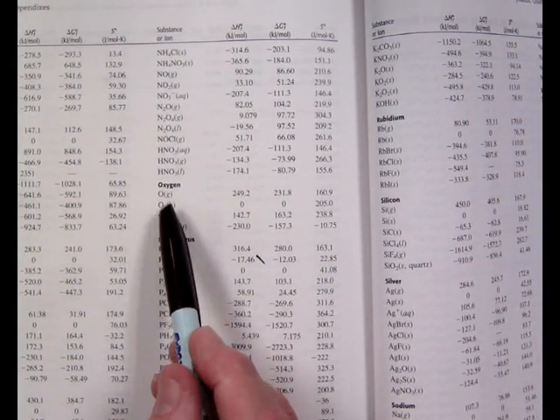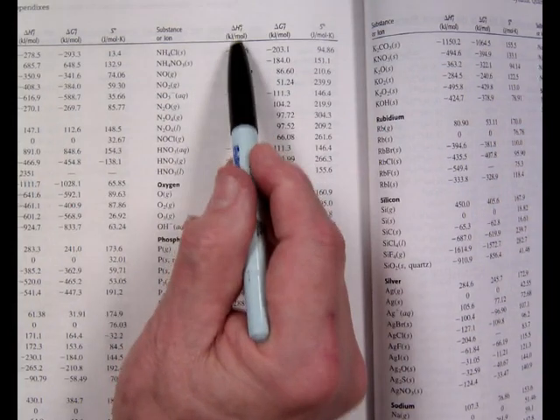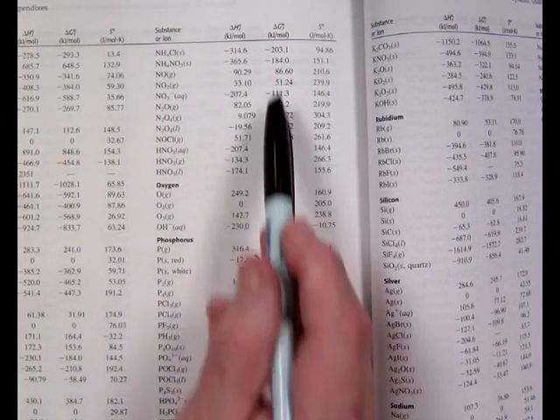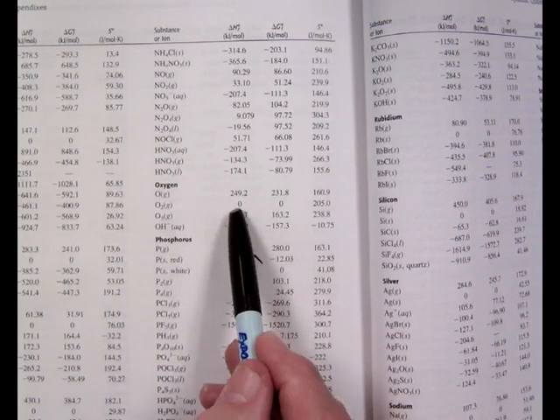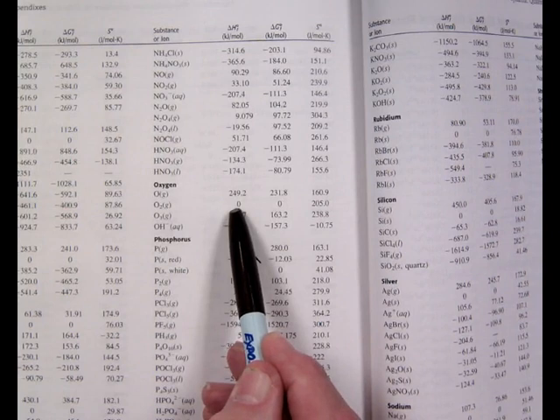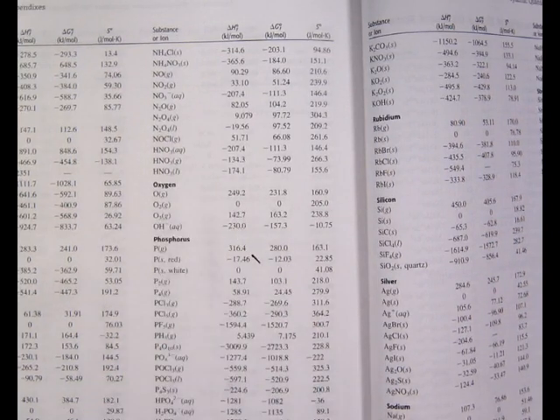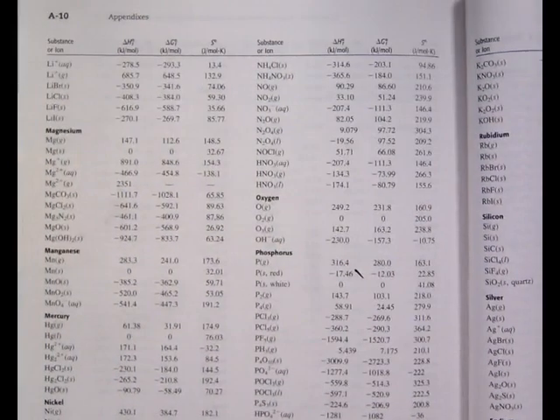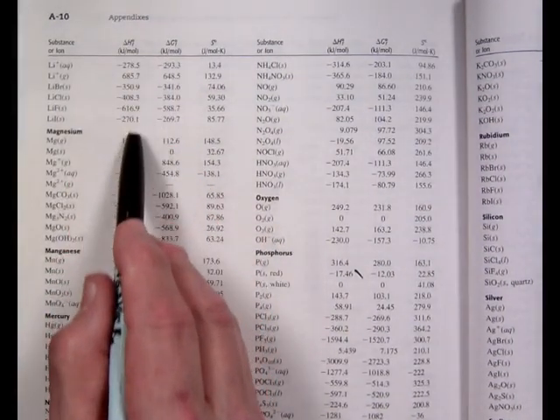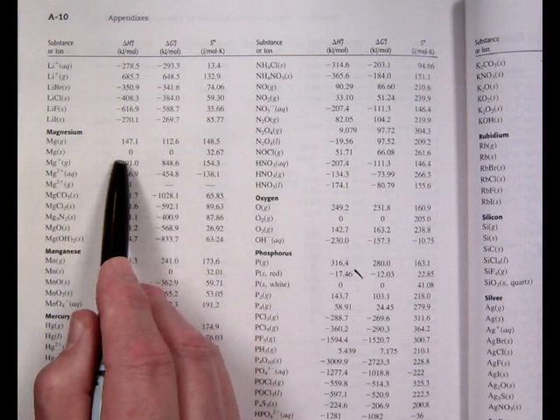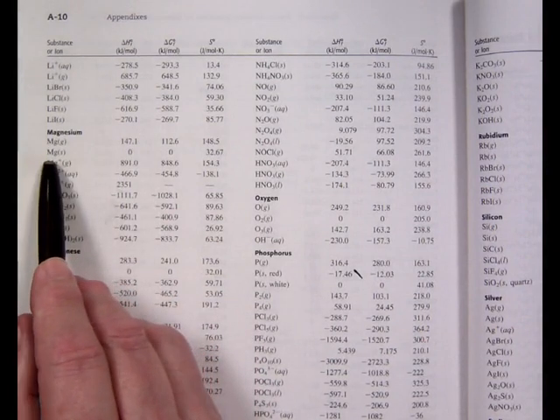Which one do I use? I look over here under the delta H value up at the top, and I find the one with the 0. That's the standard state of oxygen. If I look over at any element under the delta HF, see, I have another one. That's the standard state of magnesium.